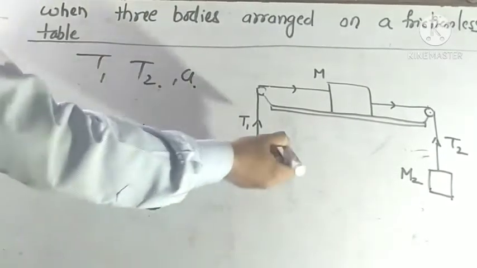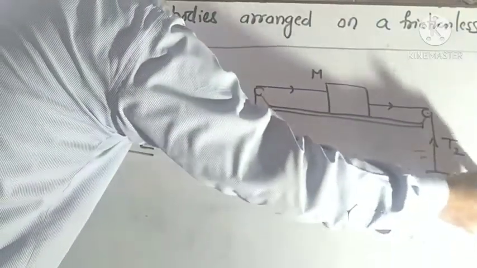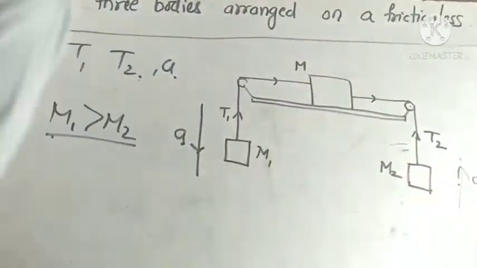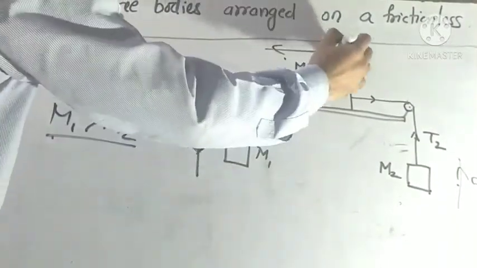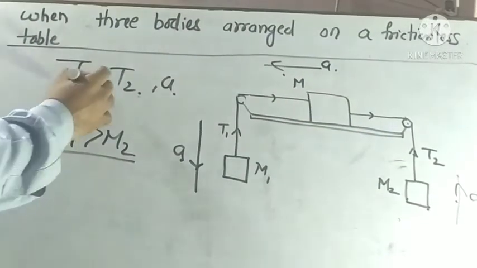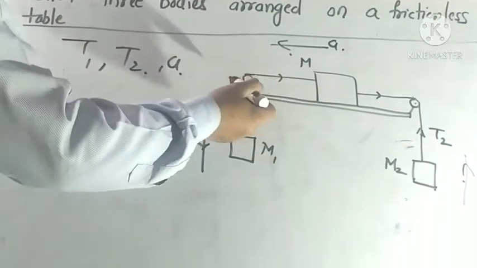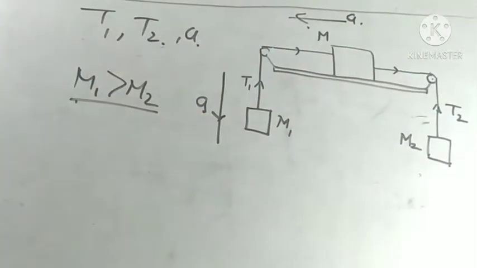Now this body will move vertically downward with acceleration A, and this body will move vertically upward with acceleration A. Similarly, this body will move to the left with acceleration A. Here we have to find the tensions T1 and T2 and the acceleration. I repeat what we do here.